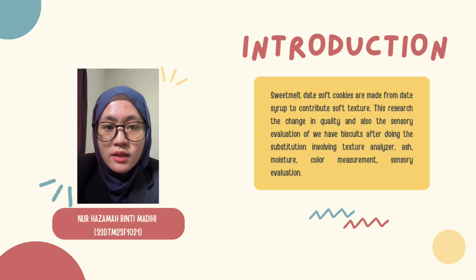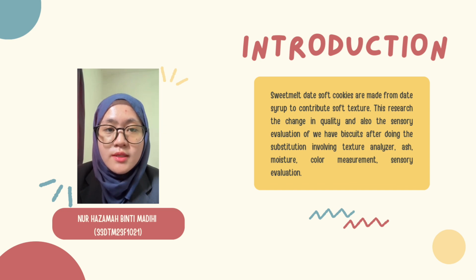In this study, date syrup is used as a substitute ingredient in the soft cookies formulation to contribute to a softer texture and enhance the nutritional value. The research analyzes the changes in the physical and sensory qualities of the soft cookies after substitution.